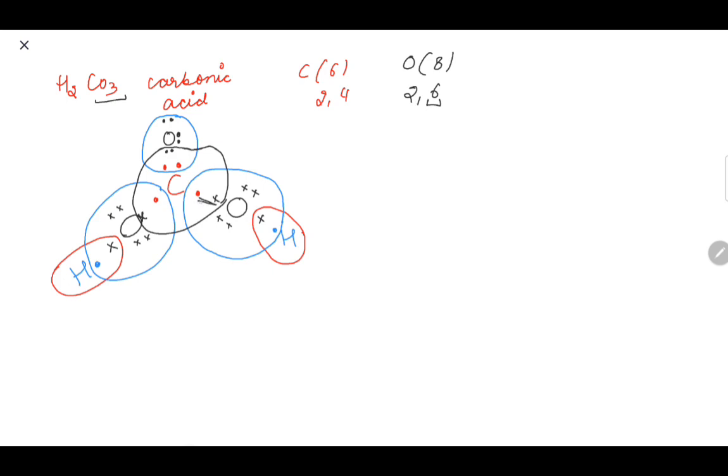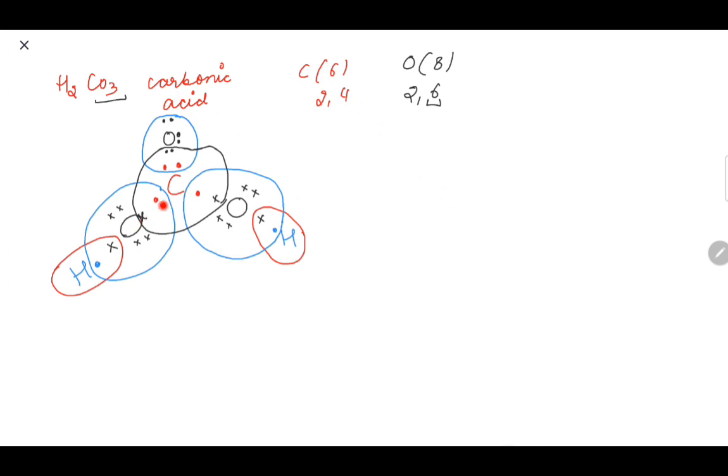So in this particular bond, just tell me. In this particular bond, there is this black electron which is coming from oxygen, and there is this red electron which is coming from carbon. So we have 2 electrons here, one from oxygen, one from carbon, single sharing. Okay? Again, here in this bond between oxygen and carbon, 1 red electron from carbon, and the black electron is coming from oxygen.